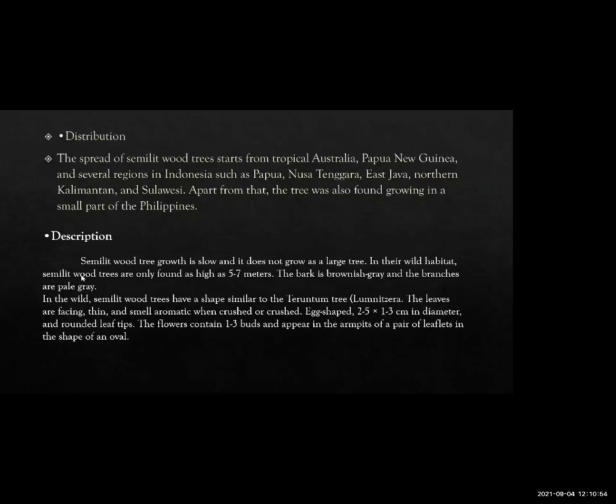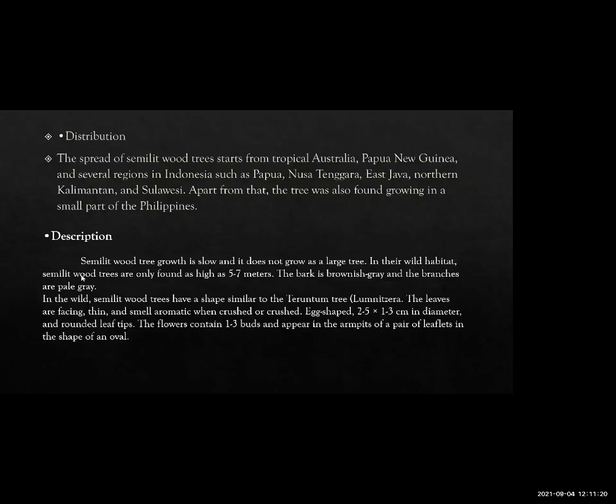Description. Smilet wood tree growth is slow and it does not grow as a large tree. In their wild habitat, smilet wood trees are only found as high as 3 to 5 meters. The bark is brownish gray and the branches are pale gray. In the wild, smilet wood trees have a shape similar to the Tyrantum tree.